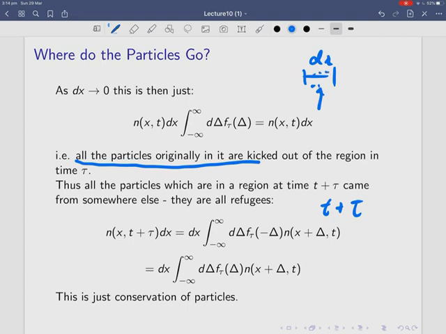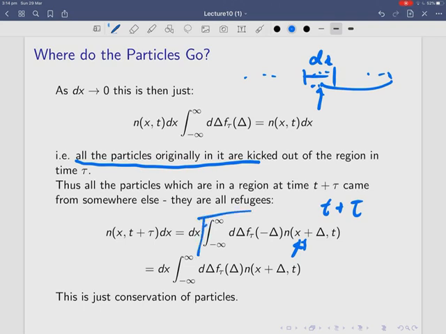They can't have come from here because they've all been kicked out. So they come from over here and over here. If they're at x, they must have moved backwards a certain distance, delta, to get into this region.